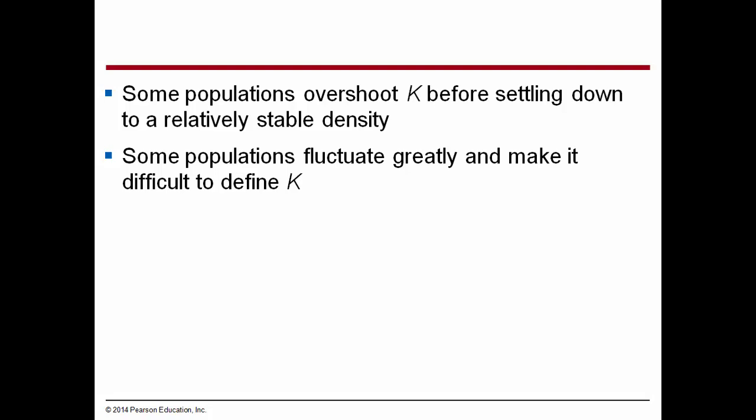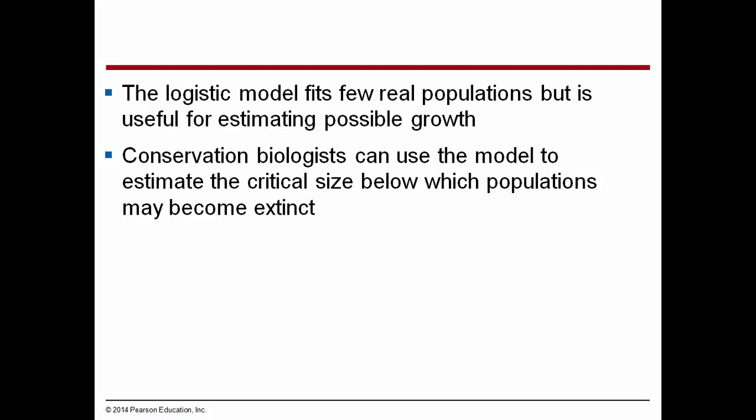So some populations overshoot carrying capacity before settling down to a relatively stable density. Some populations fluctuate greatly and make it difficult to define carrying capacity. The logistic model fits a few real populations, but it's useful for estimating population growth. Conservation biologists can use the model to estimate the critical size below which populations may become extinct.